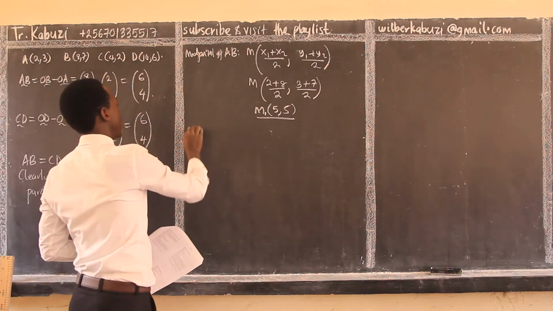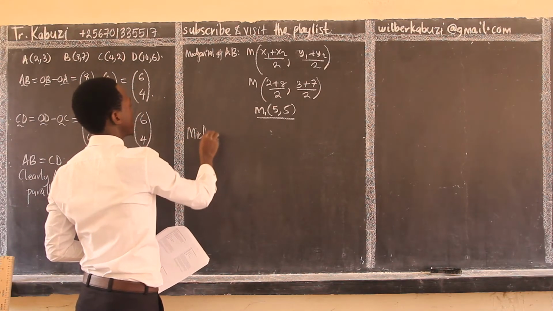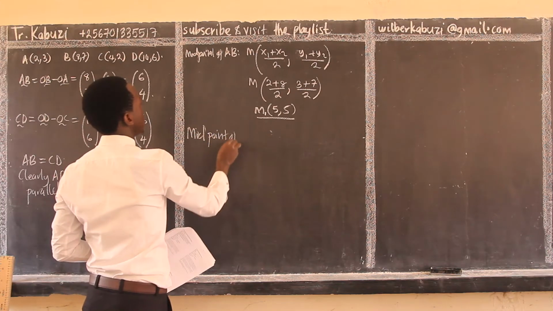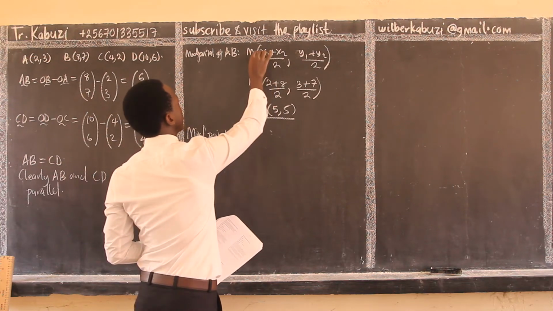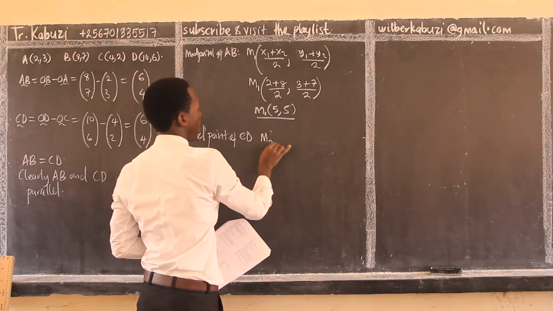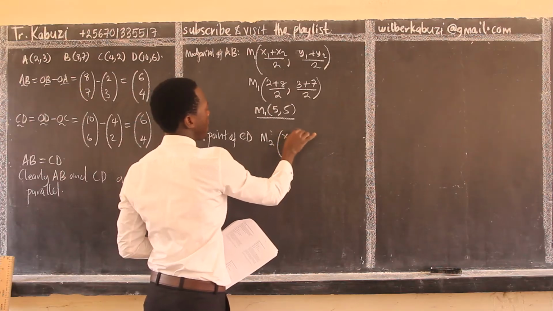And you come to the midpoint of CD. Let me call it M2. Still x1 plus x2 over 2.